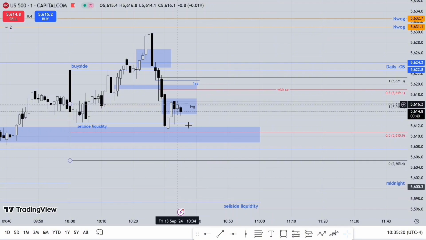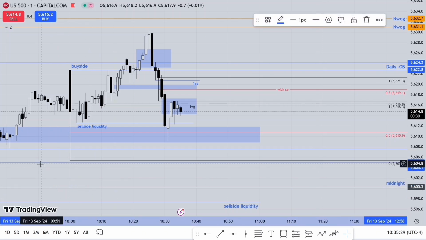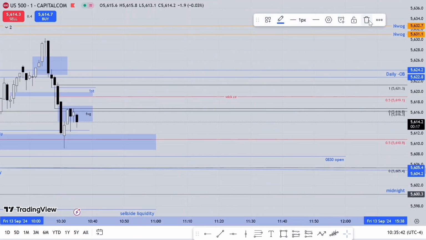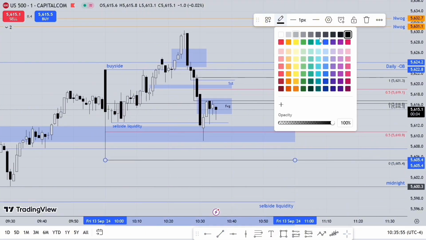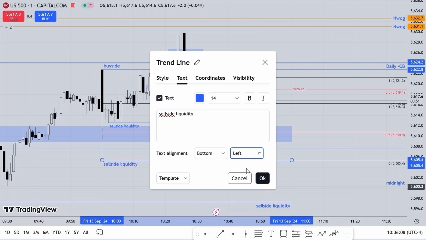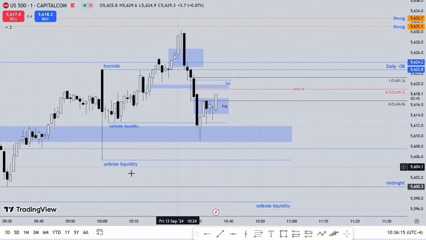So if we are to go for this close here, this is blue here, I do not want to see the high of this 1029 candle violated.